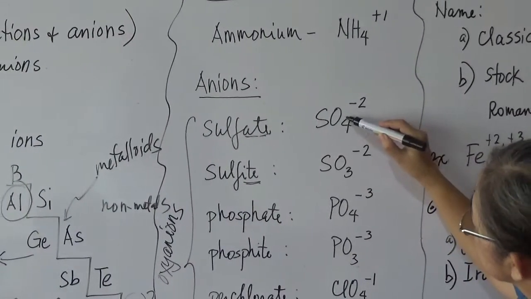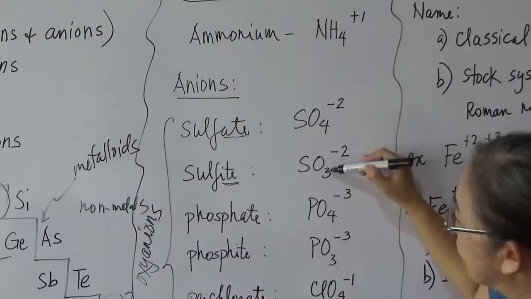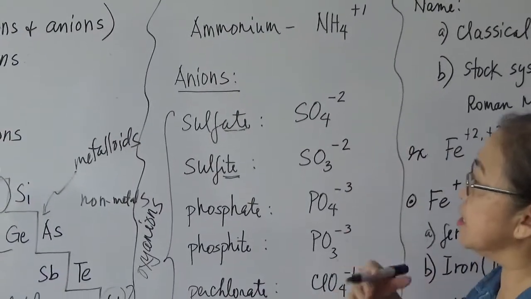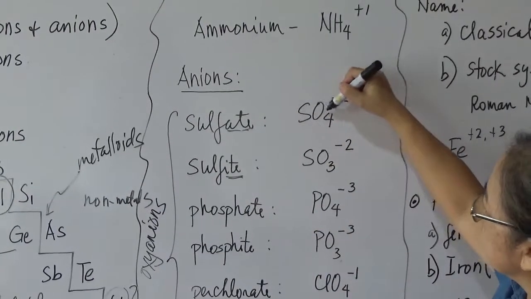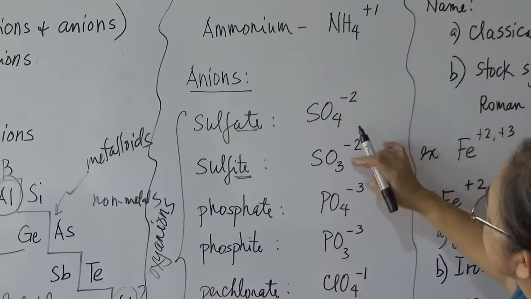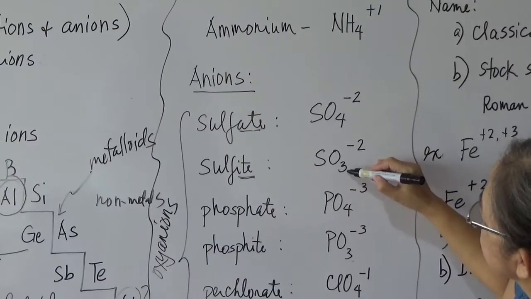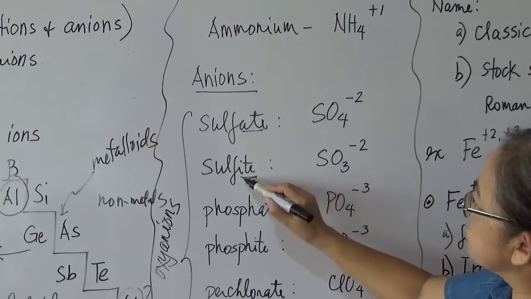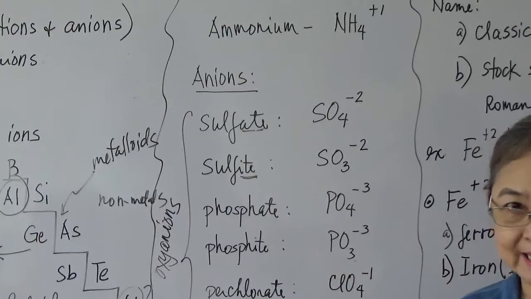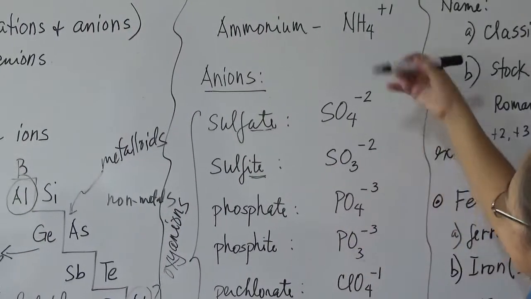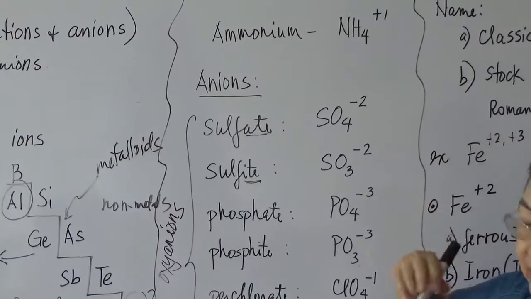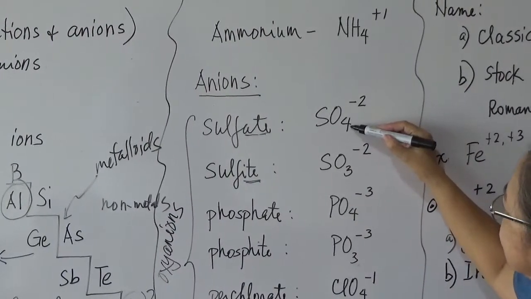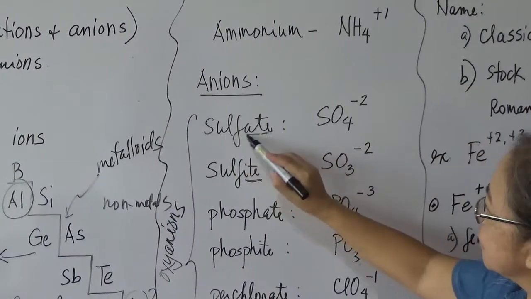They differ only in the number of oxygen atoms. If there are only two, for example sulfur and oxygen, the one with the lower number of oxygen atoms will have a suffix of ite. The one with the higher number, if there are only two, takes ate. So the one with the higher is sulfate. So it is named as sulfate.